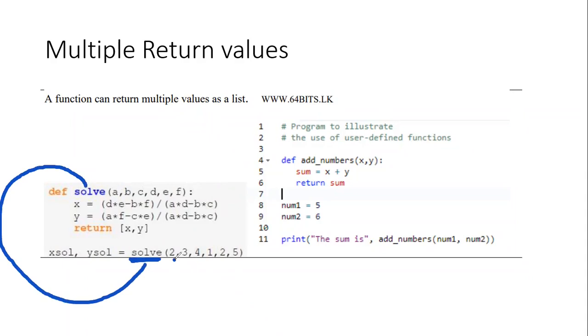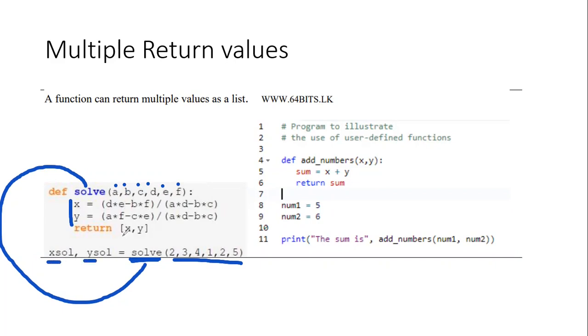And these parameters, these values, will be mapped to each one. A will be 2, B will be 3, C will be 4, D will be 1, E is 2, F is 5, like that. It gets each value one by one. And inside the function, this is the body of the function. Here it produces some values for X and Y and returns both X and Y. In this case, you can see there are 2 values assigned.